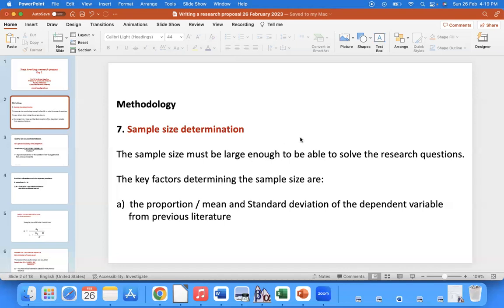Then another one, p-value. What is the meaning of p-value actually? We say that p-value should be less than 0.05. When it is less than 0.05, the association or difference is statistically significant.